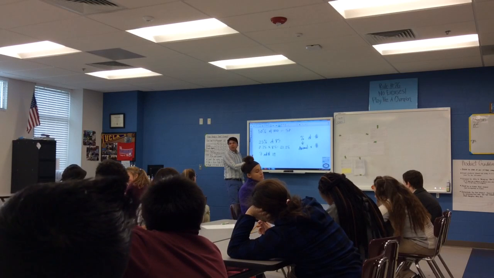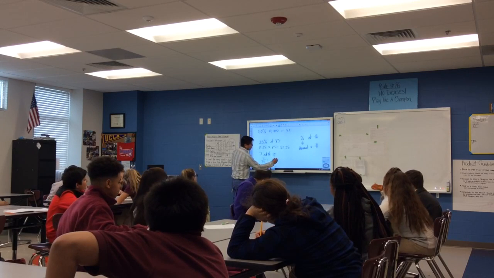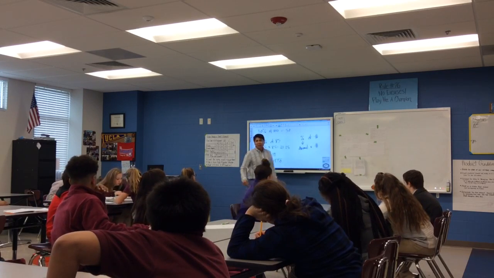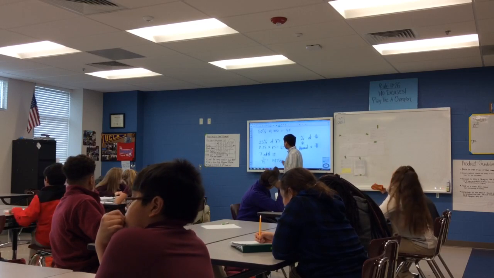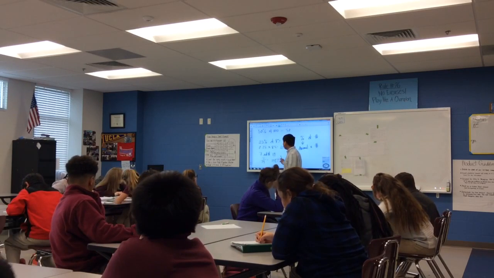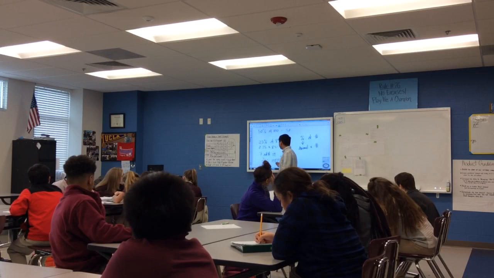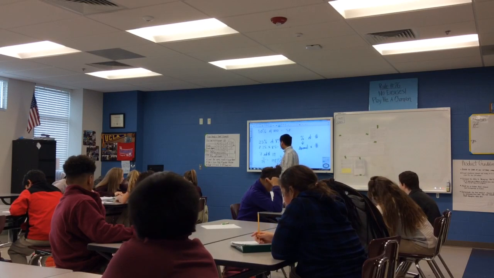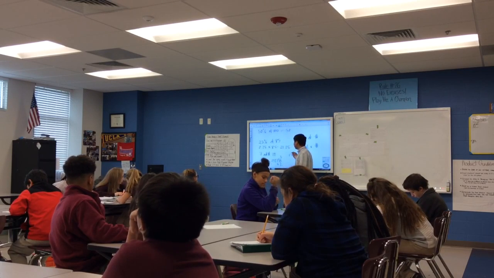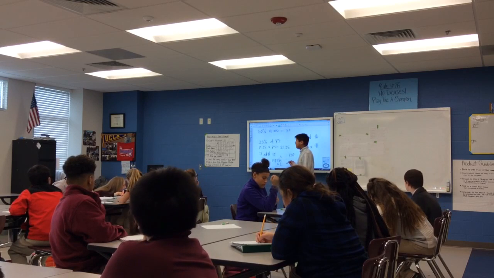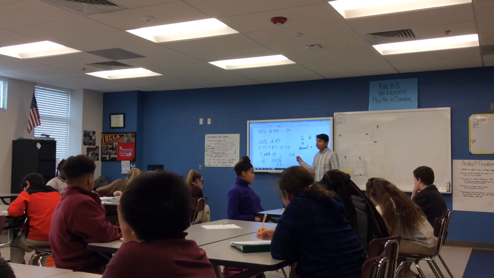So we do 7 divided by 19. How many times can 19 go into 7? It can't, so it goes in 0 times. Then 7 becomes 70. How many times can 19 go into 70? 3 times. That is 57, and we get 13. How many times can 19 go into 130?